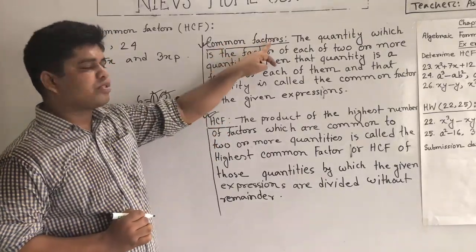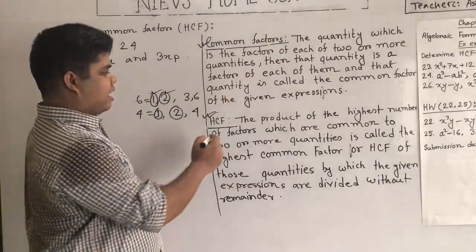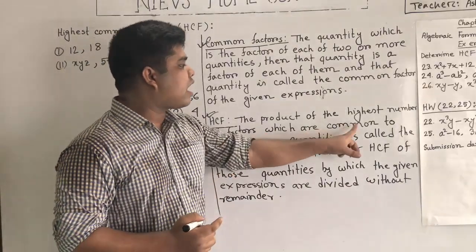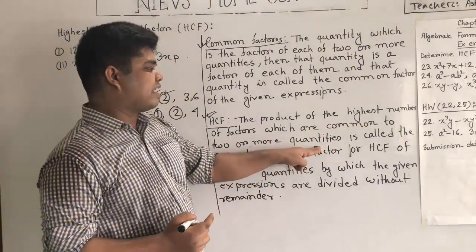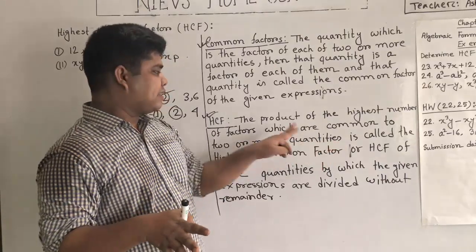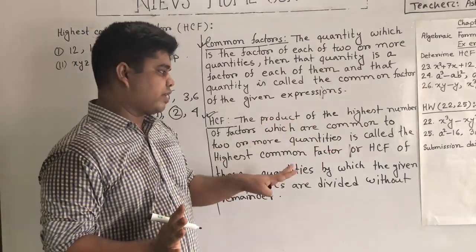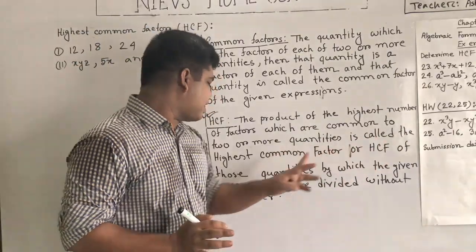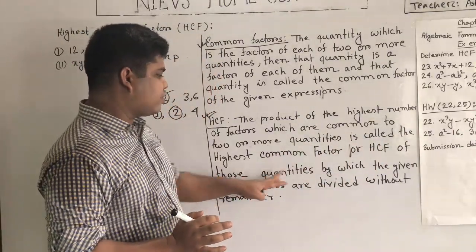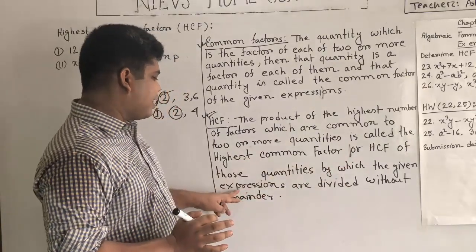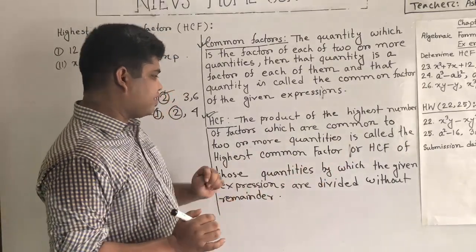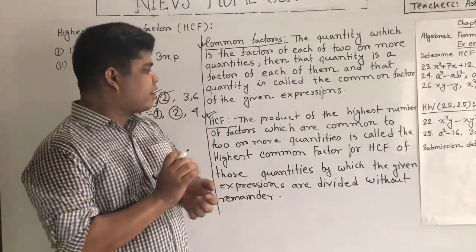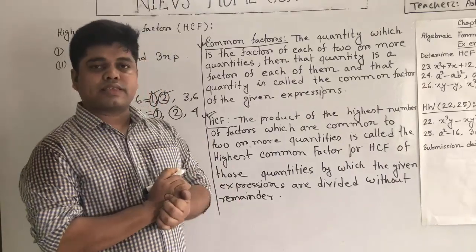The product of the highest number of the factors which are common to two or more quantities is called the highest common factor, or HCF, of those quantities, by which the expressions are divided without remainder. That means the product of the highest number of common factors is called HCF.